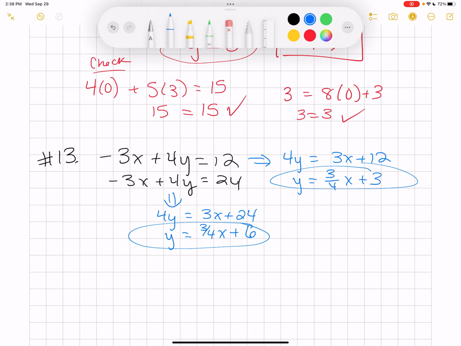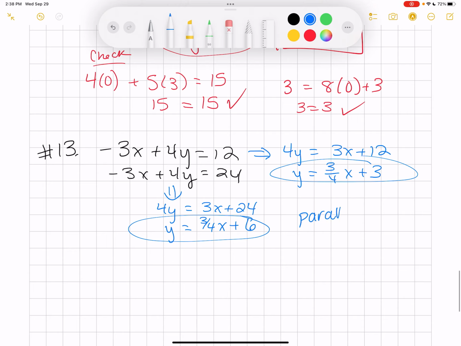They're parallel, which means what? Which means they don't intersect at all. Okay, these are parallel lines. They have the same slope, so they do not intersect, meaning there is no solution.